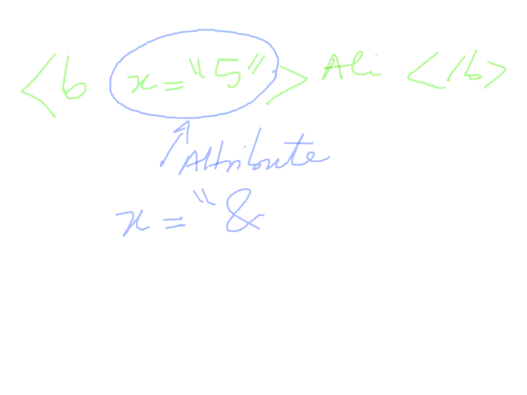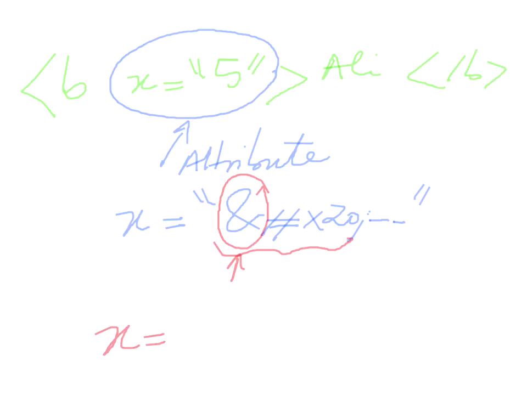So for this rule, for example here, if I write the tag B, if I write B X equal 5, for example, Ali and end B. This is the attribute.